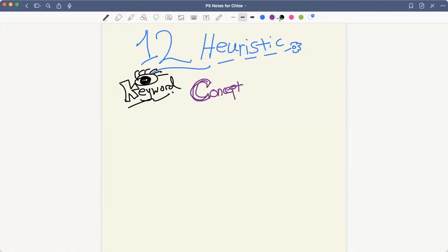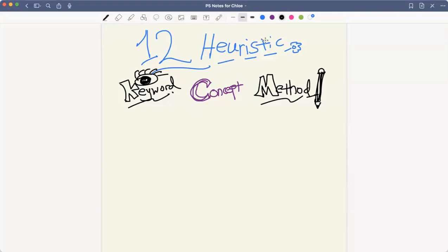Then next we have method. So method, maybe we can draw a pencil, to tell the kid what he can write.